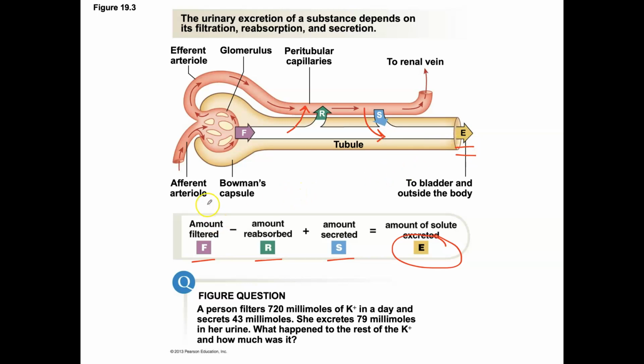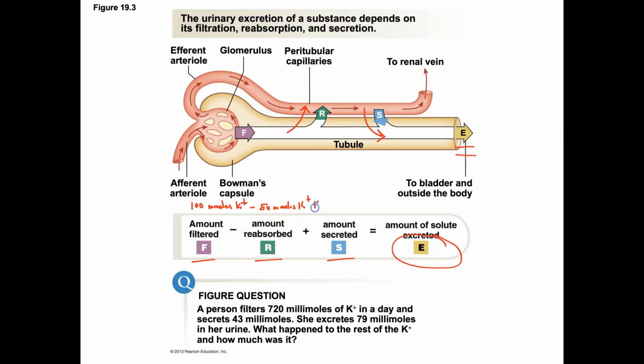So for example, let's say we filter 100 millimoles of potassium. Let's say we reabsorb 50 millimoles of potassium. So that's minus, because we're putting it back into the cardiovascular system.